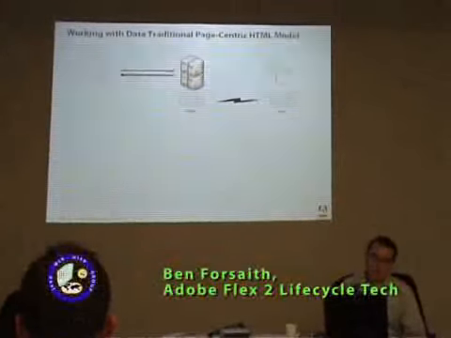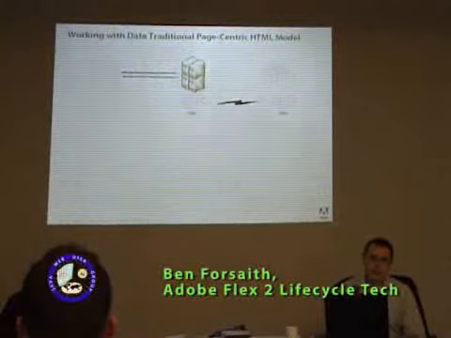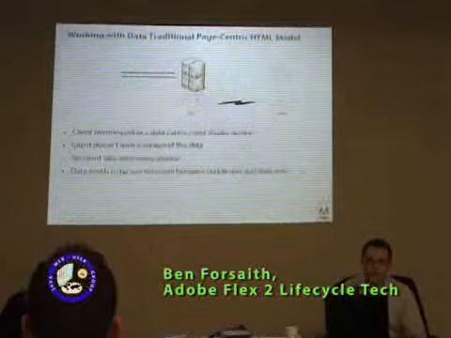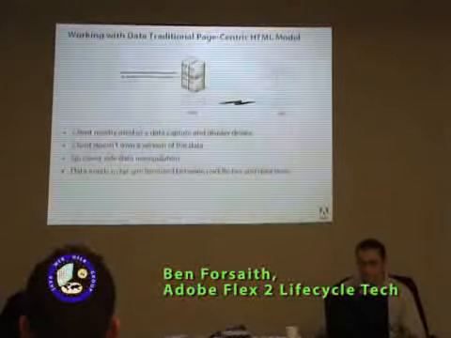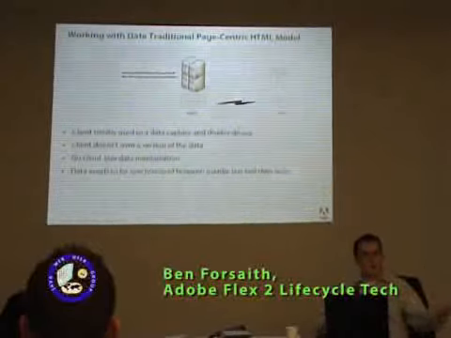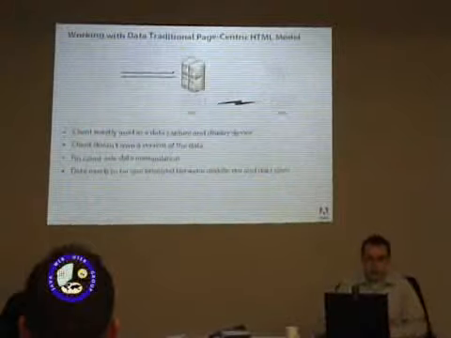The reason we built this is because rich internet applications introduce a bit of a problem. When you work with traditional HTML pages or the traditional page-centric model, the client doesn't usually have its own copy of data.